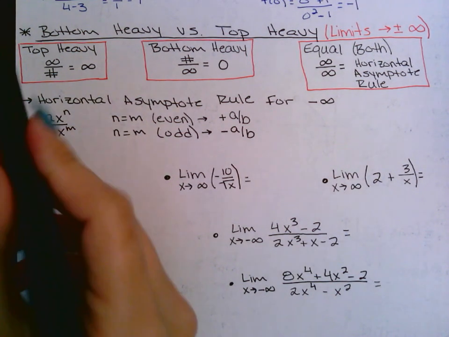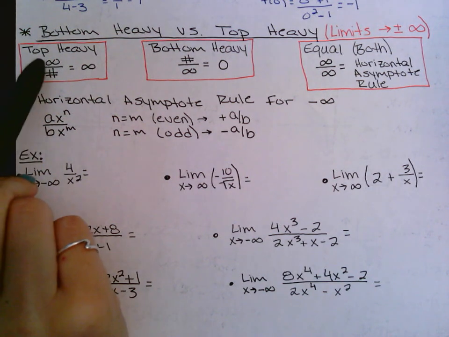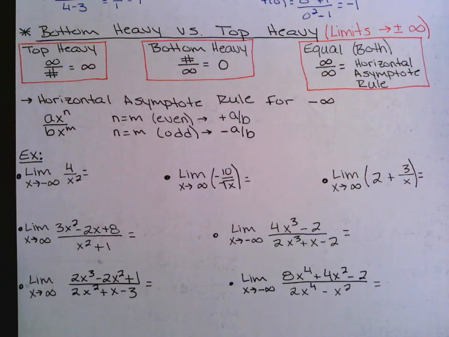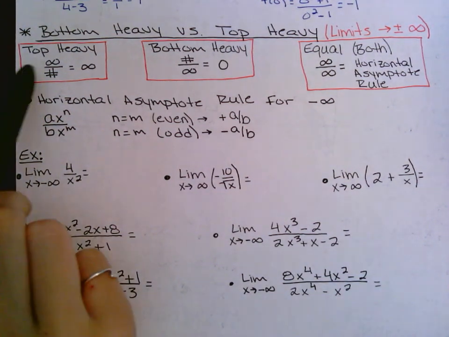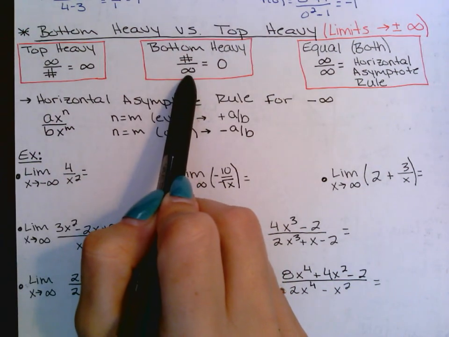But I always use the fraction as a body to help you remember. If we're going to call this infinity, it weighs a lot, right? It has the most weight. So when the infinity lands on top, we call it top heavy, and when the infinity lands on the bottom, bottom heavy.